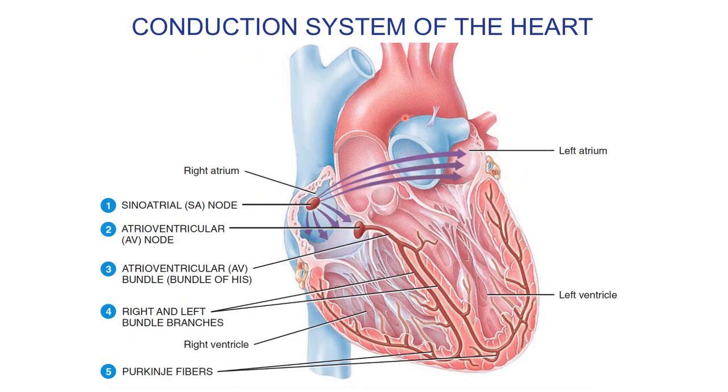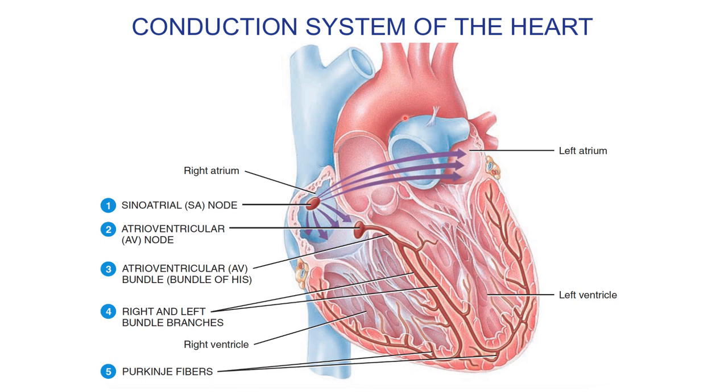So the conduction system of the heart is made up of the automatic kind of cells, what you call the autorhythmic fibers, which are found within the heart, and they have the ability to start their action by themselves.